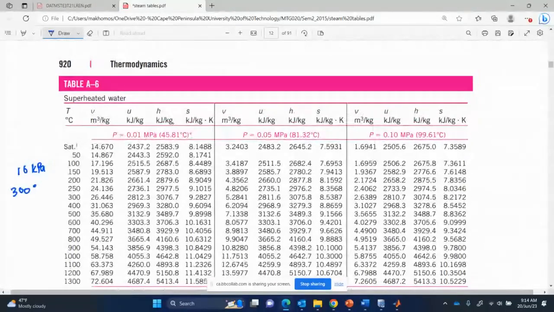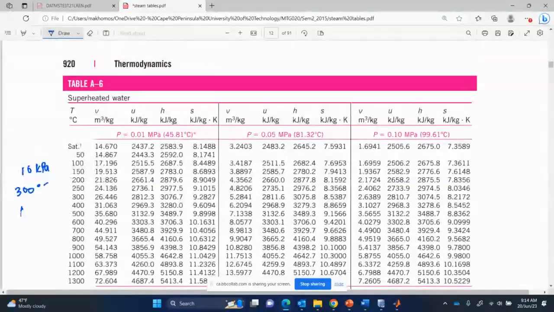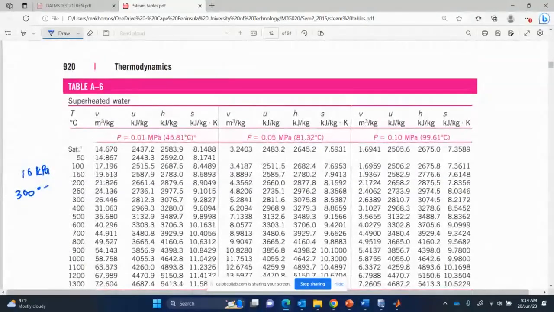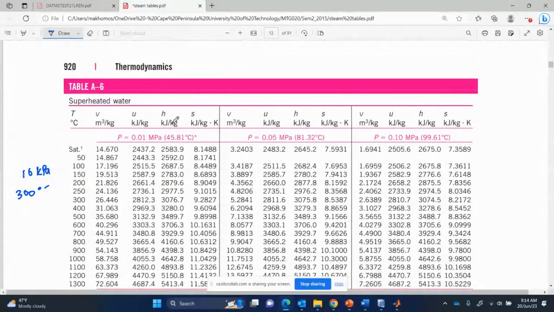So the question says determine the enthalpy. In this case, the temperature is 300 and the pressure is 10 kPa. So you draw a line under 300 and the corresponding enthalpy here. So your answer here is 3076.